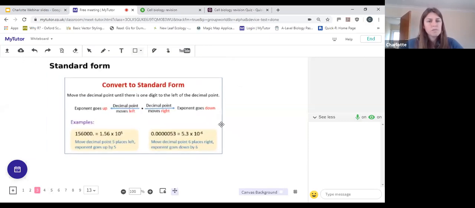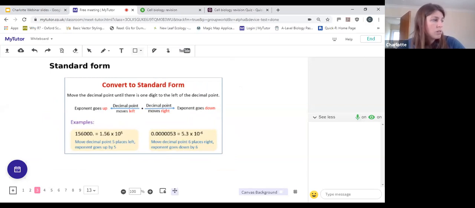Okay, so converting to standard form. Standard form is the way that we write numbers that are really, really big and have lots and lots of noughts. It's a way of making them lots neater.